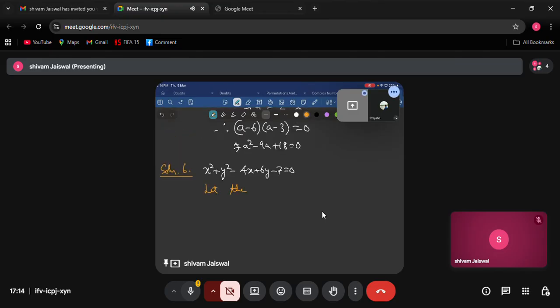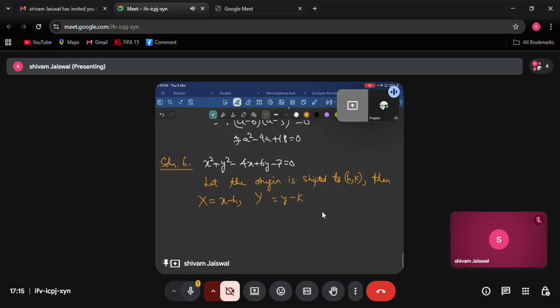Then capital X will be equal to x minus h and capital Y is equal to y minus k. Right, so let us substitute.